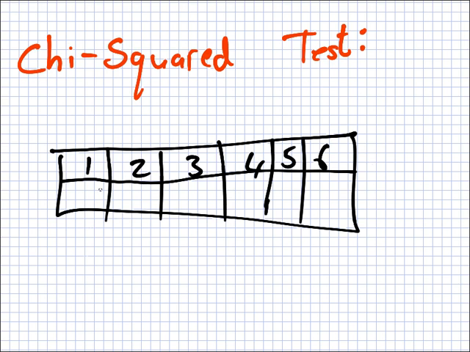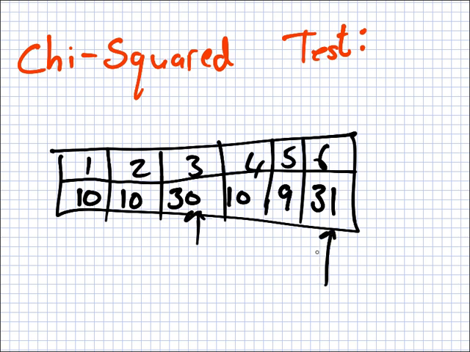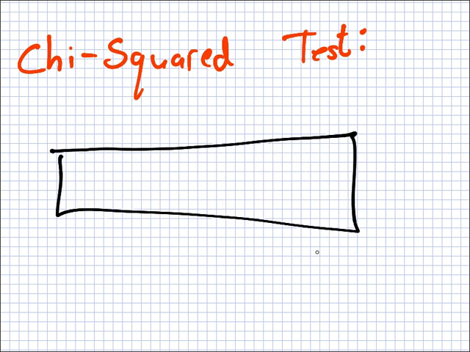For example, maybe here I have 10, 10, 30, 10, 9, 31 or something like this. Is this looking like it's fair? No. And we can't really do the binomial trick. I mean, we would have to say getting a 3 or a 6 is a success, but now it's getting a little bit messy.